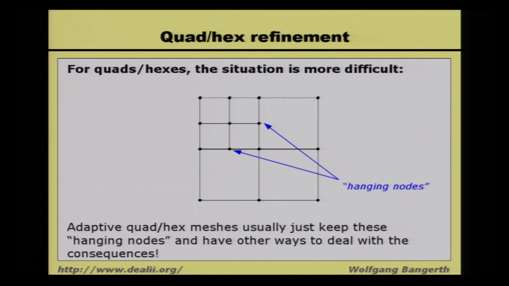It has additional advantages, namely that these sort of constraints that we get have other applications too. We use them, for example, when we have HP refinement, or when we use boundary conditions, and so on and so forth. We can deal with this in the same way as we do hanging nodes. So the approach to this is a little bit complicated, and I will devote the entire next lecture to the issue of how to deal with constraints.